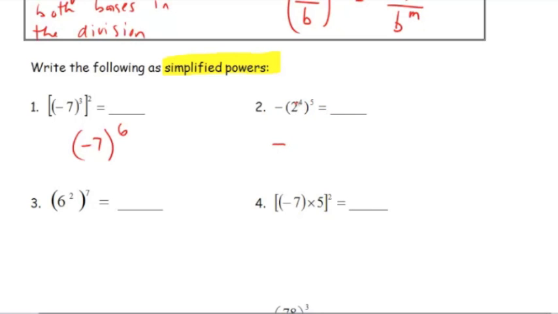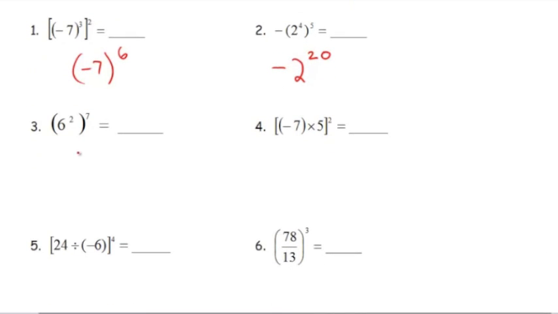So this is 2 to the power of 4 to the power of 5. That's going to be 2 to the power of 4 times 5, or 2 to the power of 20. And then the negative sign out front makes the entire answer negative. Number 3, in a similar fashion, will become 6 to the power of 2 times 7, or 14.